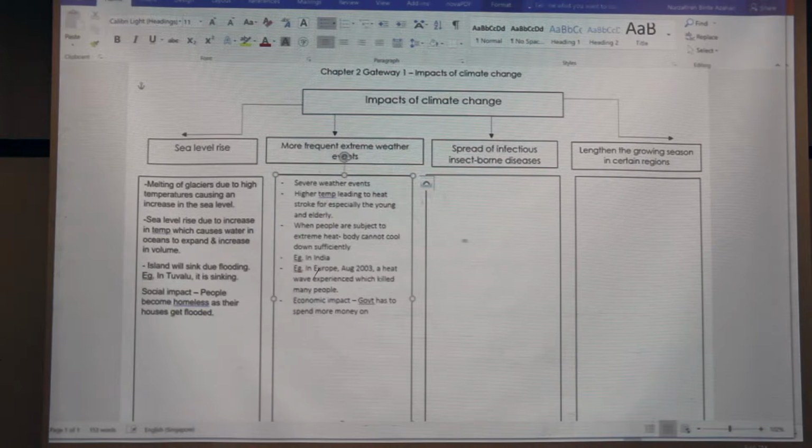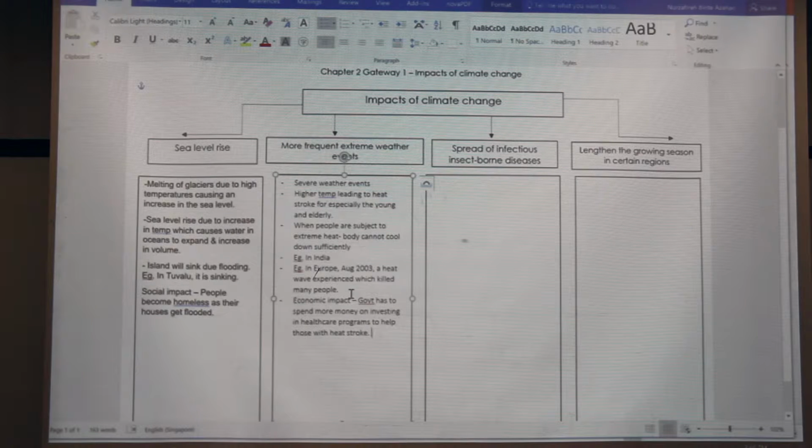on investing in healthcare programs to help those affected. What is a healthcare program? They spend more money to help these people.